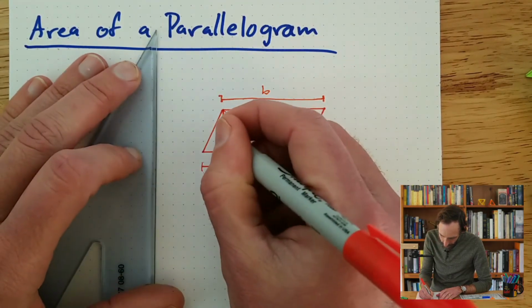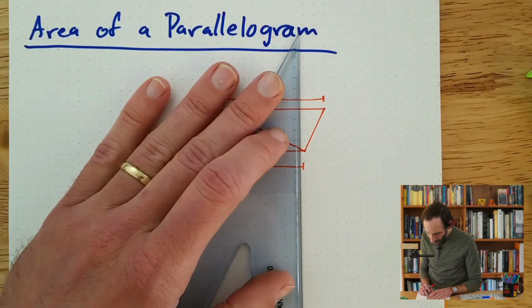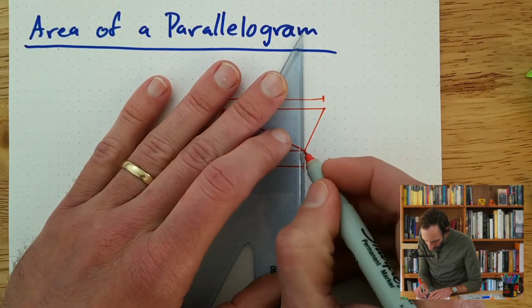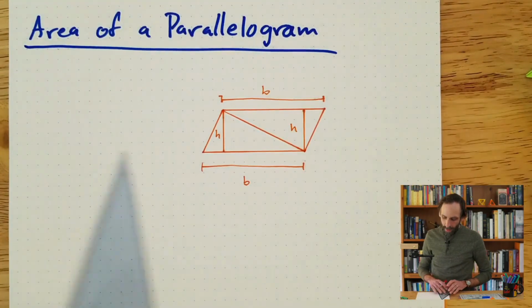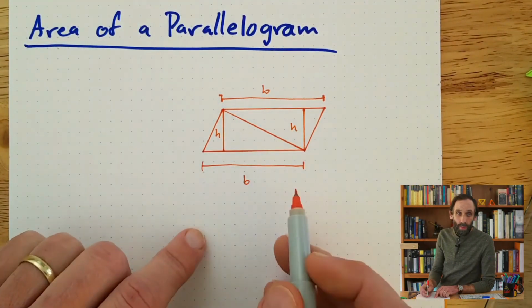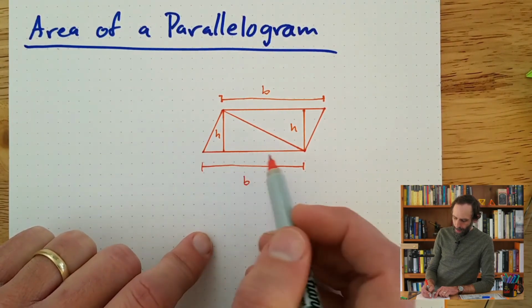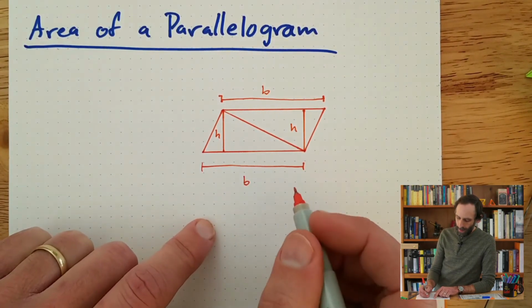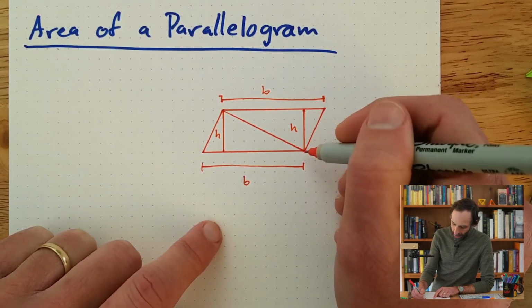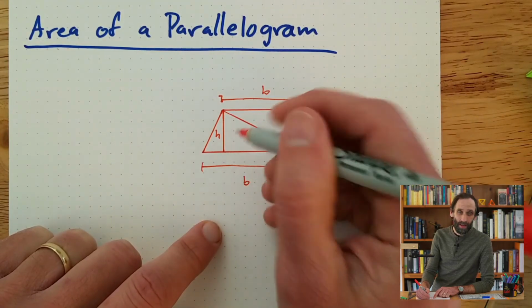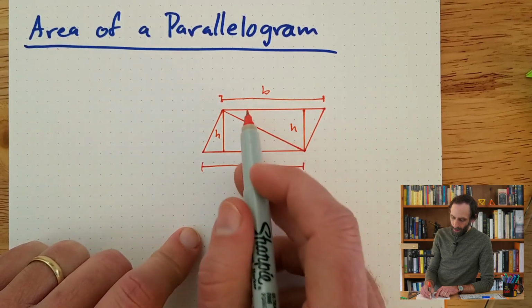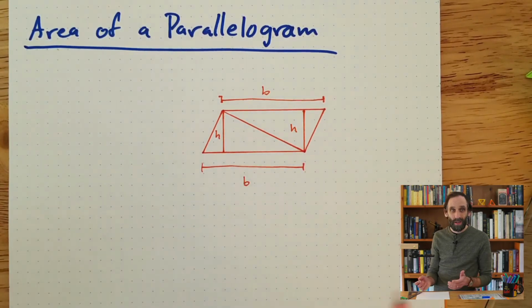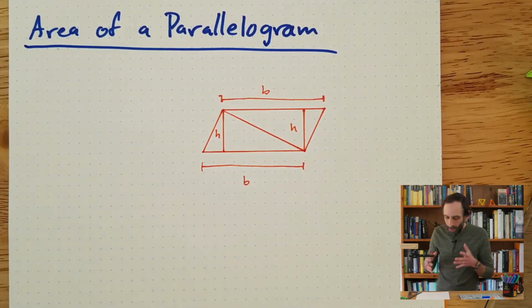Okay, so that's the height. And then let's find the height of this triangle here. That's the height right there. Okay, and since these two lines are parallel, they must be the same distance apart in all points. So that means this height would have to be equal to that height. And so for this triangle here, you have base times height. For this triangle here, you have base times height. And so you just end up with two triangles that are actually equal to each other.